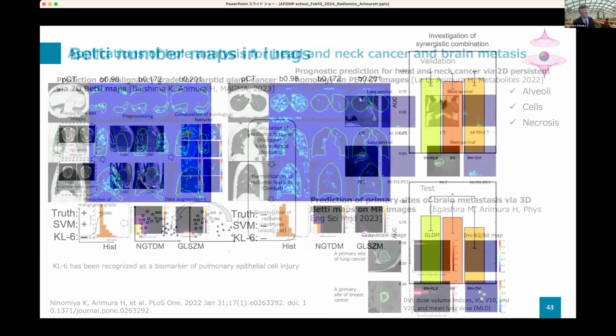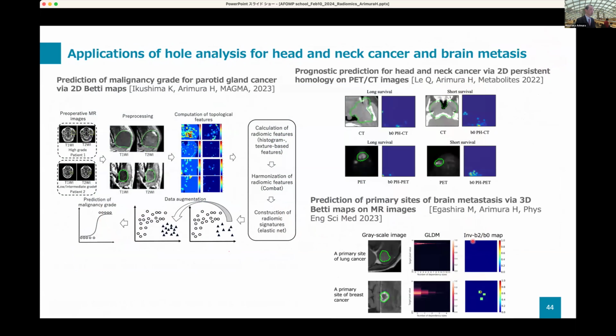And we applied whole analysis to the prediction of malignancy grade for parotid gland cancer and to the prognostic prediction for head and neck cancer.